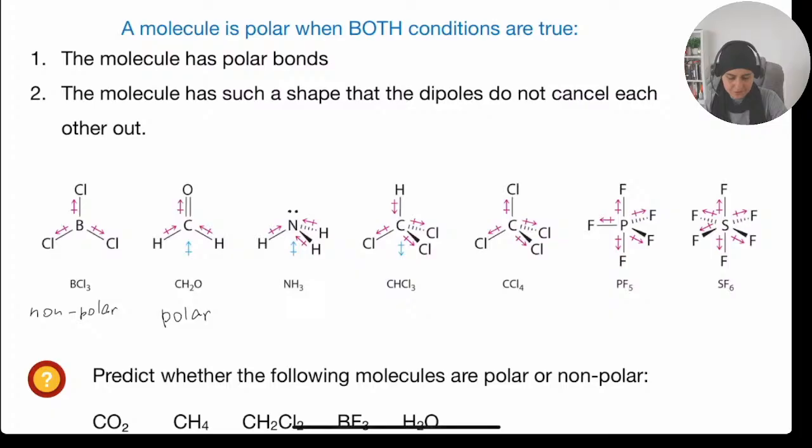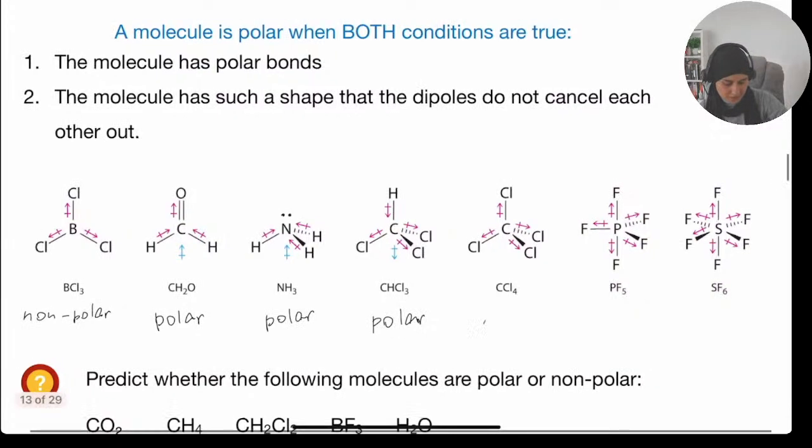So in NH3 the central atom has a lone pair, so polar. You see this blue one, it's the overall dipole, where it's going. Then CHCl3 is polar because side atoms are different. CCl4 is non-polar because side atoms are all the same and carbon doesn't have a lone pair. And the rest: side atoms are the same, no lone pairs on the central atom, so non-polar.